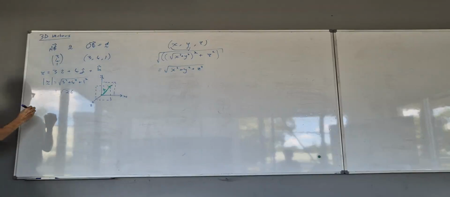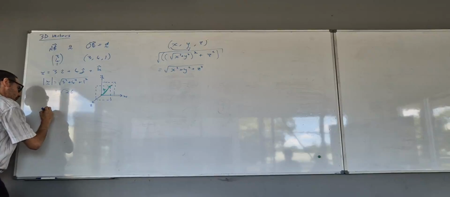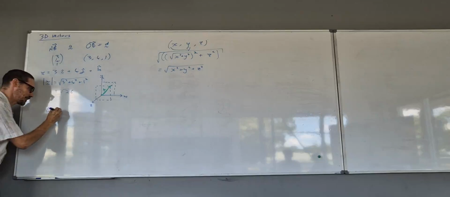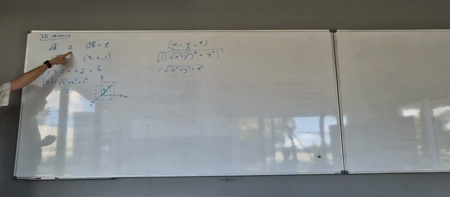I can ask you for a unit vector in 3 dimensions. How do I work out a unit vector? Yes, Ben? Other Ben? How do I work out a unit vector? No, that's just the vector.